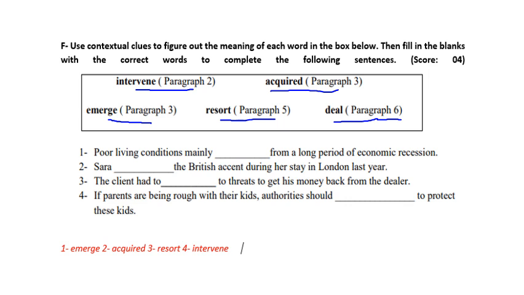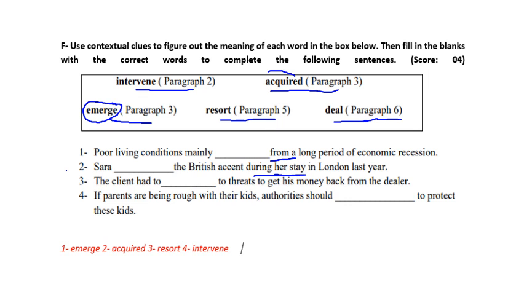Number one, after we read, poor living conditions mainly from a long, this is the context, from a long period of economic recession, okay, emerge, when something appears. Number two, Sarah acquired the British accent during her stay, this is the context clue, in London last year.